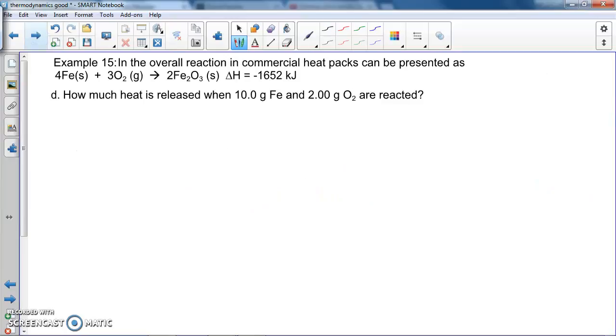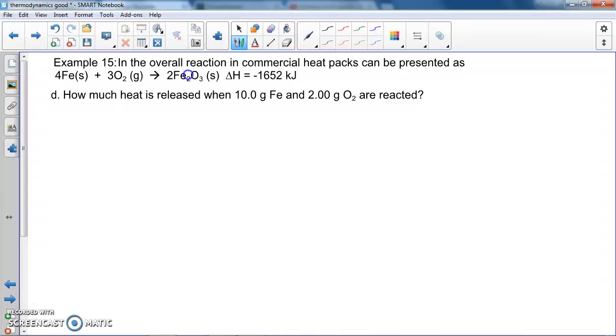All right. Example D. Now, example D is a little different because we have 2 starting amounts. We have grams of iron and grams of oxygen. So we do not know which one is a limiting reactant. We must establish that first. In order to establish a limiting reactant, we take each reactant, so the iron and the oxygen, and each of them go to iron oxide. Remember, to establish a limiting reactant, each reactant must go to the same comparison point. In this case, we only have 1 comparison point, so we'll take them both to iron oxide.